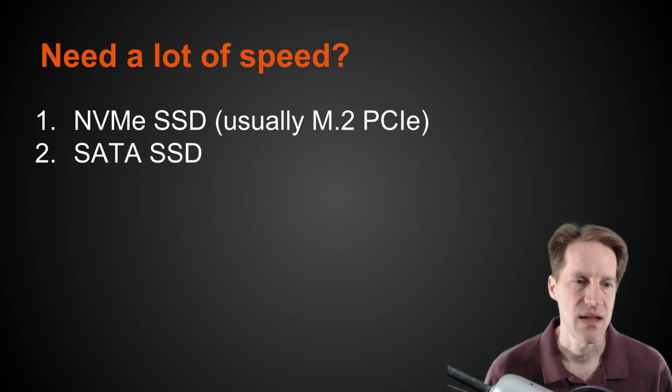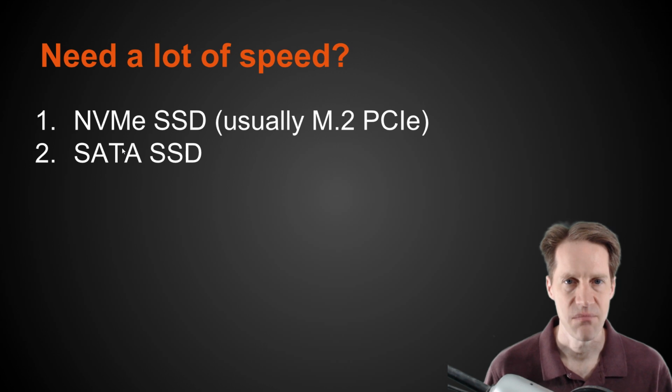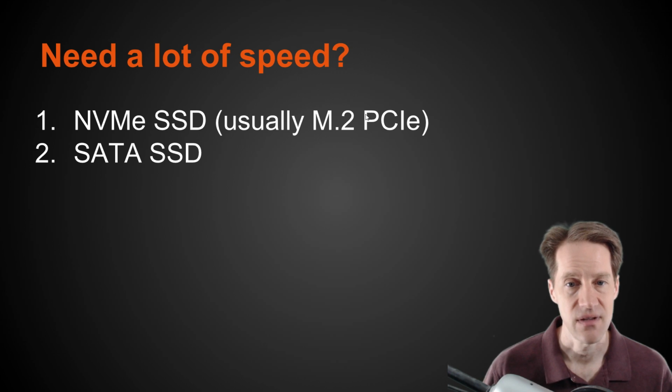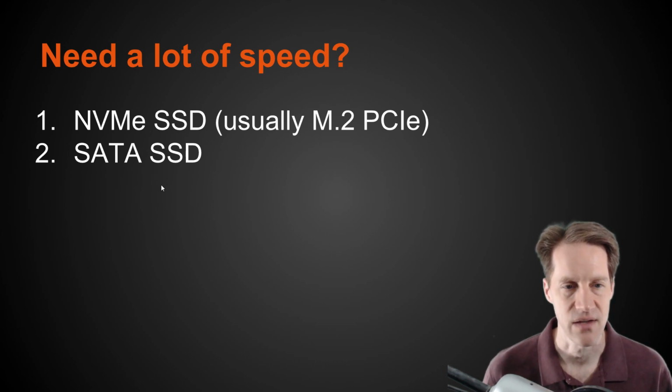Coming down from that is a SATA SSD. This uses a SATA interface, which is compatible with a lot of different hard drives. So if you're wanting to replace the storage in your existing computer or maybe a laptop, it may not have the port or capability to use these types of SSDs, but generally you can still just swap in a SATA SSD without too much of a problem.